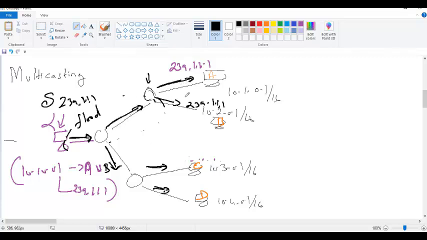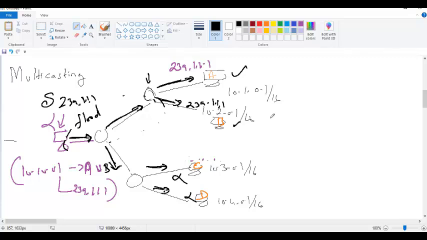These devices will not process it because they don't have membership. They're not members of 239.1.1.1. Only these two accept it. So what happens here?